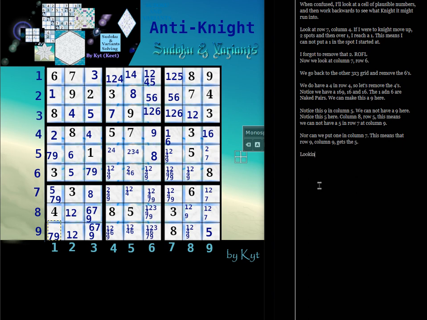Okay, looking at column 4, only a 6 can go in row 9.